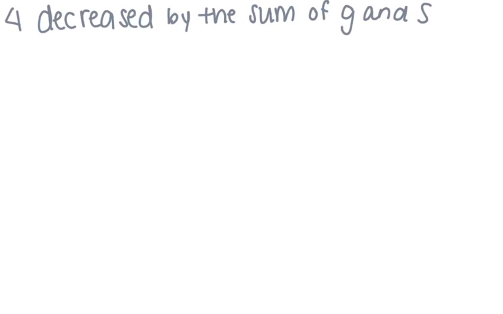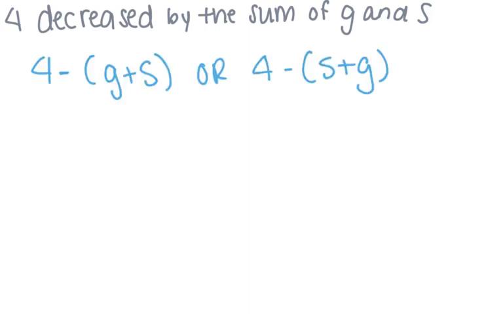And our last example, we're going to write an expression that shows 4 decreased by the sum of G and 5. So decrease tells us we're subtracting, so we're going to be subtracting the sum of G and 5 from 4. Sum means adding, so we're going to need to add G and 5 together. So 4 in this case is going to come first because 4 is decreased by the sum.